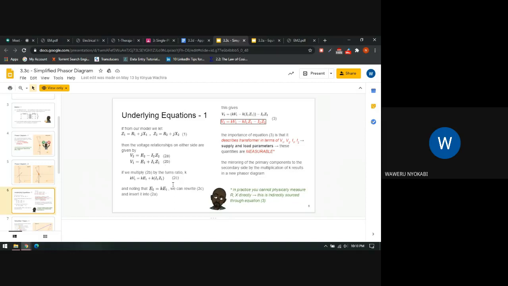Based on this relation, we can multiply this equation by K, and we can replace, because we said it is equal to KE1, we can replace that into the equation. So now we have V2 in terms of V1. So we have V2 is equal to KV1 minus K I1 Z1 minus I2 Z2, because of the replacing.